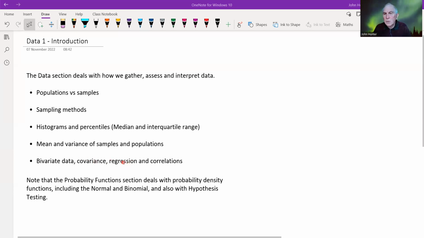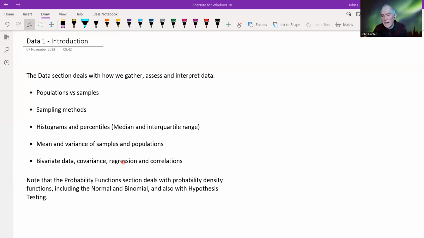Regression basically means if we take our bivariate data and put it onto a scatter graph, again, something you will have done before, you will have drawn a line of best fit, quite probably, to project what the underlying relationship is between these two variables. And it's regression because we're basically going back from the data into the relationship.